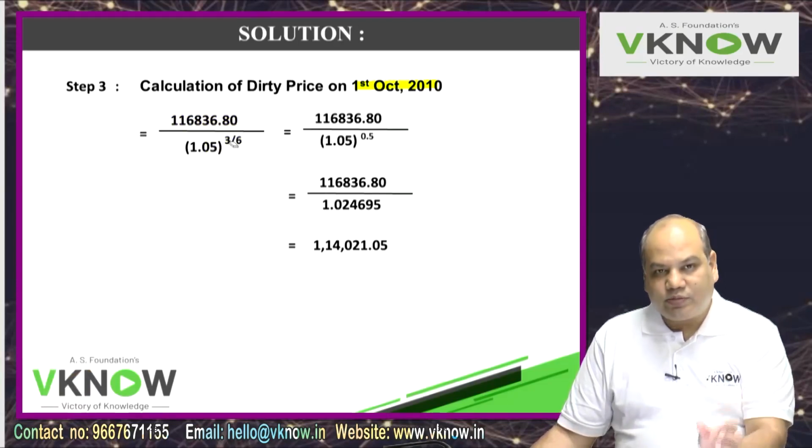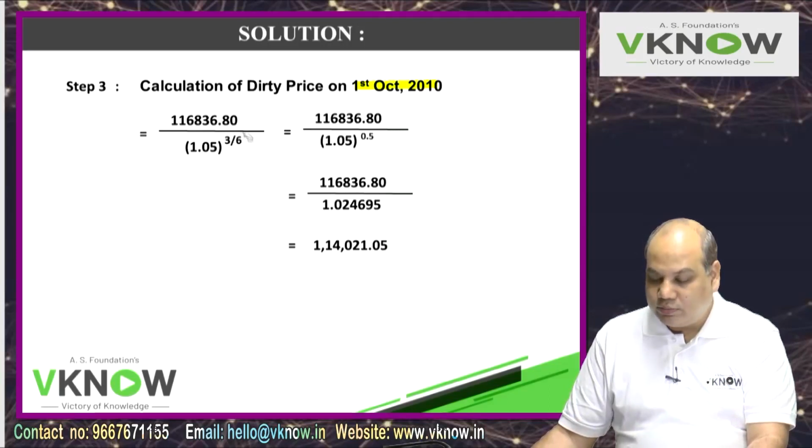It's a problem of 6 months. So 3 months divided by 6 months, you can understand it either way. If the problem is of annual payment, then it was 3 by 12. If the problem is of 6 months, it is 3 by 6 or 3 by 12 into 2.